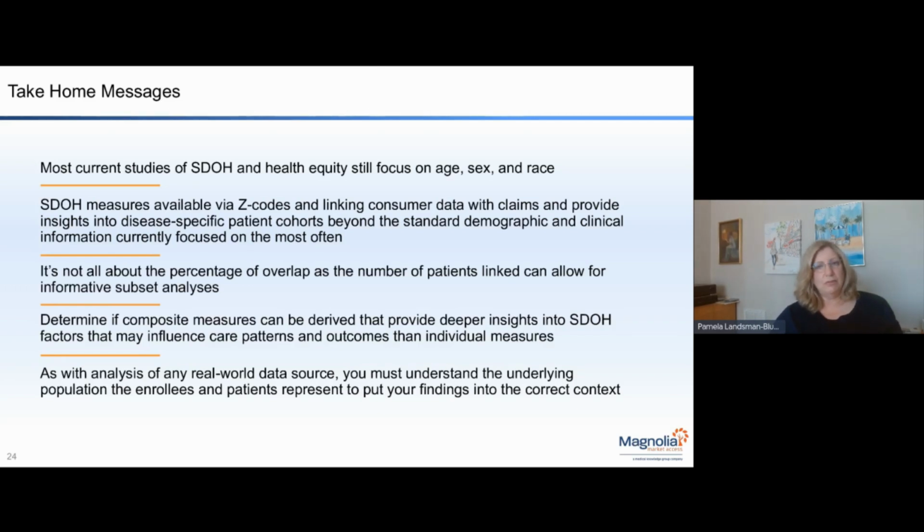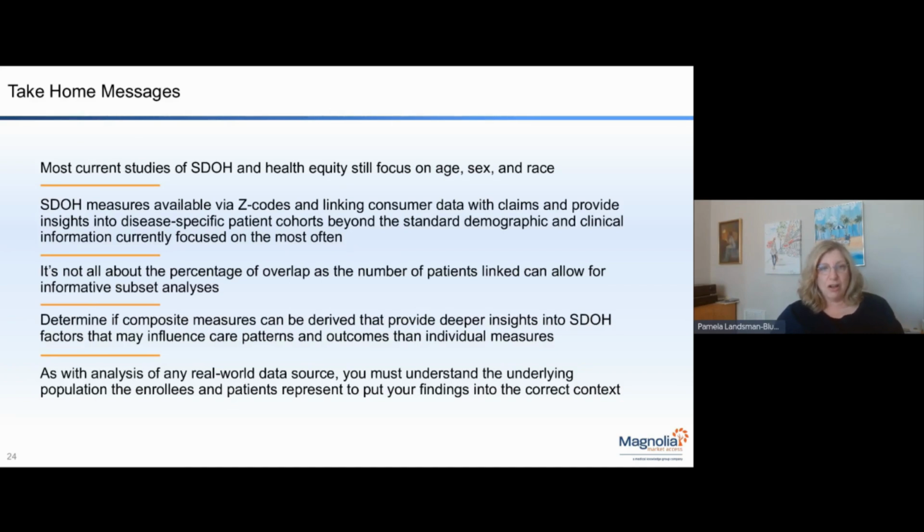If you look at table of contents reports or you're looking for information on specific disease states you're interested in, these three factors are still the most common being evaluated, probably the most common available without doing some sort of linkage.